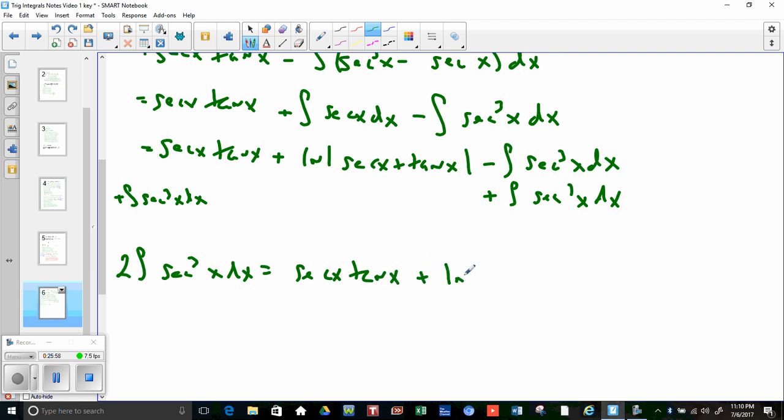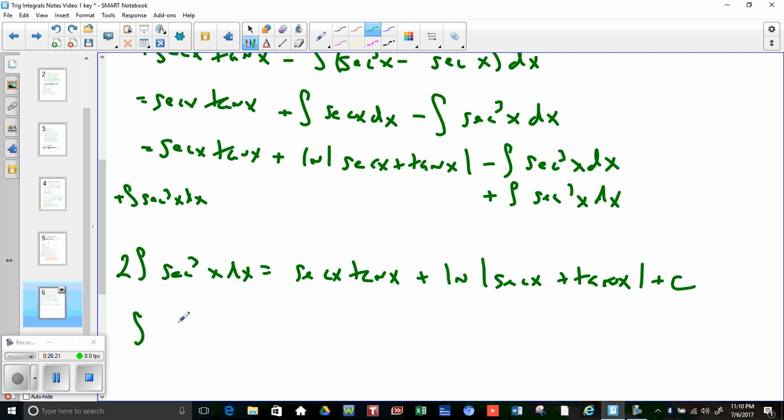plus natural log absolute value secant x plus tangent x plus c. And now if I want to solve for this integral of secant cubed x, all I have to do is divide everything over here by 2.